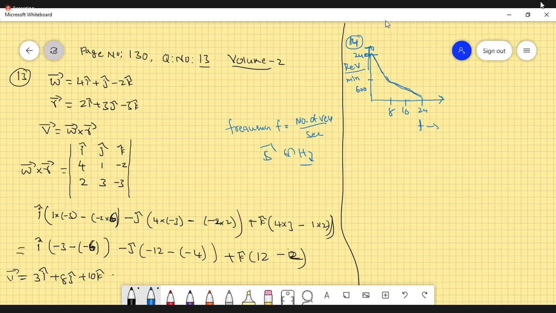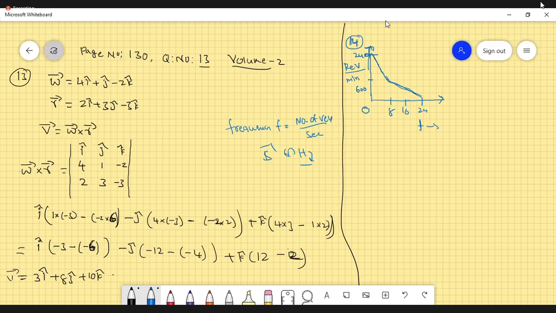So initially it starts rotating with 2400 revolutions per minute. Suddenly they switched off, then it comes to rest. Then what is the number they're asking? Total number of revolutions of the fan before it comes to rest.